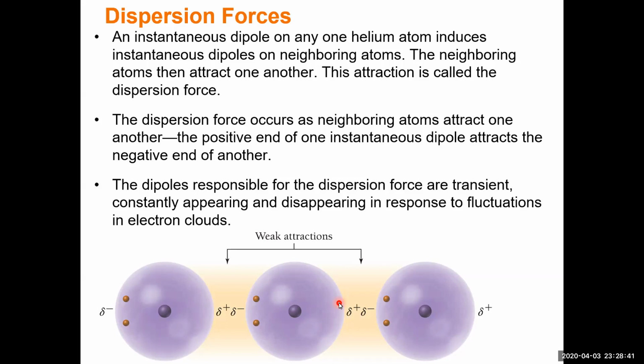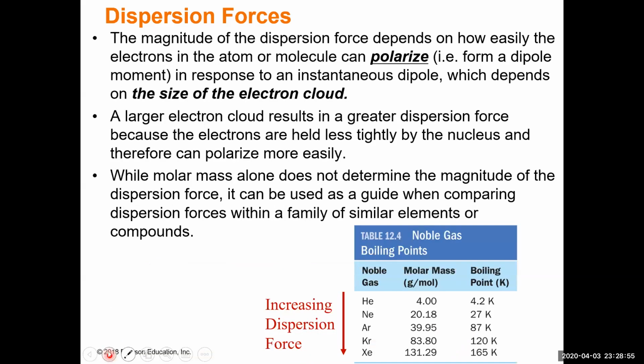The dipoles that are responsible for this dispersion force are transient, and they're constantly appearing and disappearing in response to the fluctuations in their electron clouds. Now, the magnitude of the dispersion force will depend on how easily the electrons in the atom or molecule can be polarized.